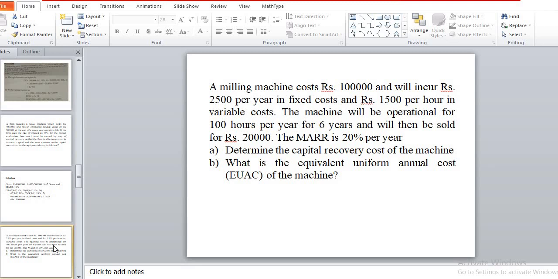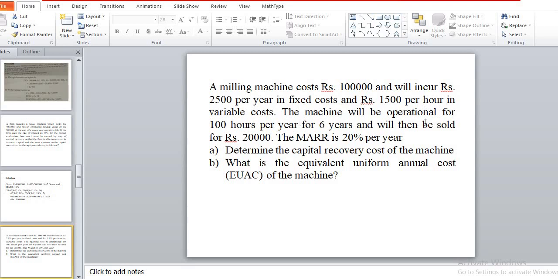Now, second example. One milling machine is given having a cost of 1 lakh, and it will incur rupees 2,500 per year in fixed cost and rupees 1,500 per hour in variable cost.